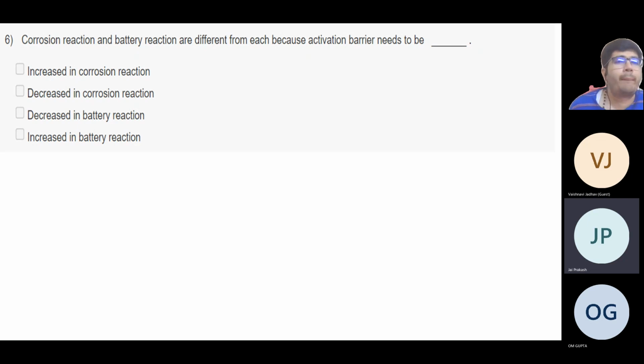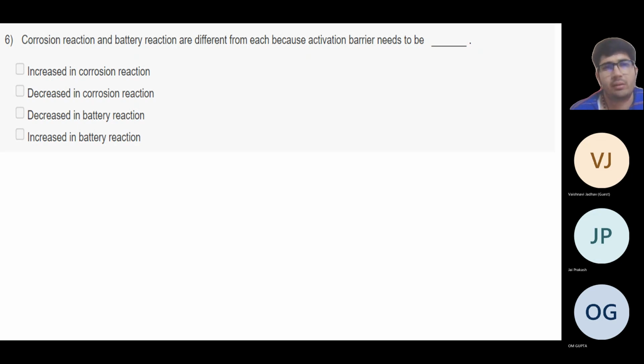To avoid corrosion. Yeah. Okay. Just apply your basic fundamentals, like we should avoid or we should promote corrosion. So we should avoid the corrosion and we should promote the battery reactions. So in that way you can think.